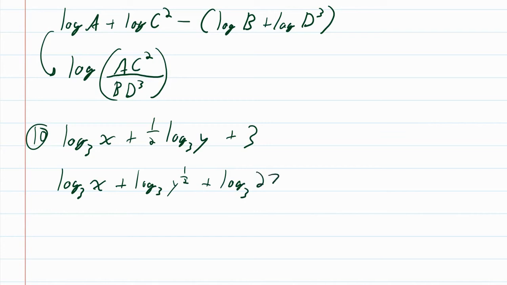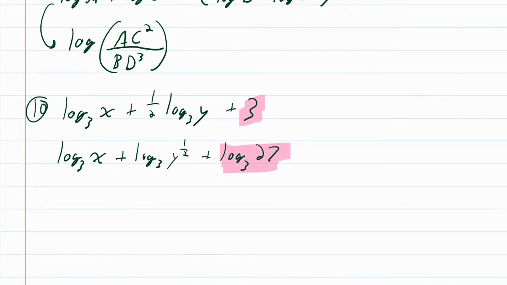It'd be the log base 3 of 27, because now 3 and the log base 3 of 27 are the same number. And now I can bring this all together. This would be, let's see, log base 3 of x times the square root of y, and then times 27, which I'll put the 27 out in front of that. So that would be combining it into a single logarithmic expression.